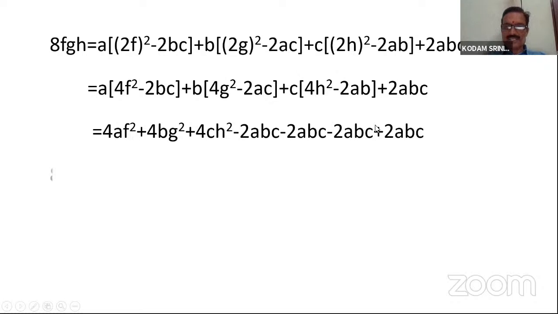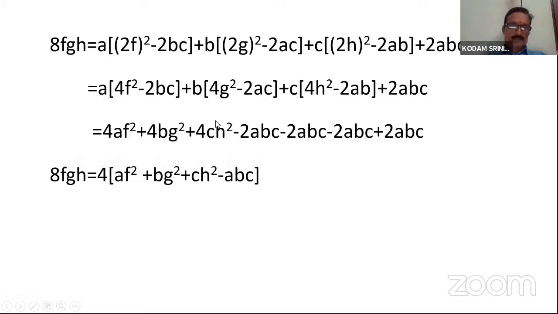So after simplifying, we will have 8FGH equals 4AF square plus 4BG square plus 4CH square, minus... here only these two terms will remain, and the other two terms will be cancelled.